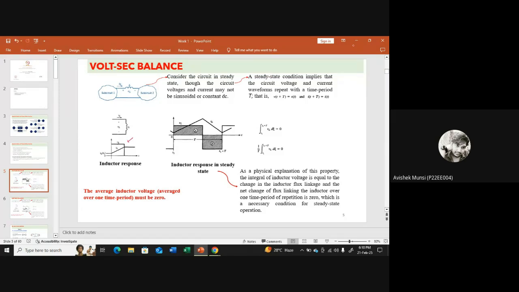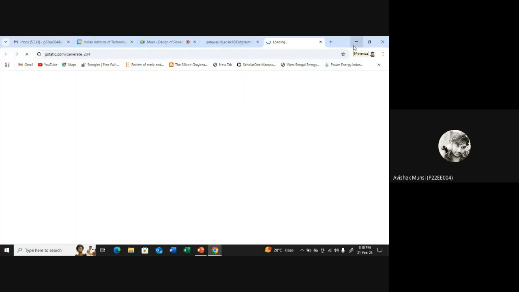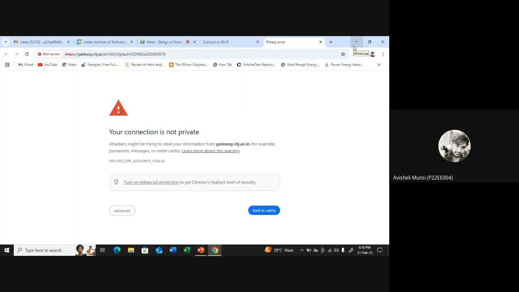Volt-second balance defines that the average inductor voltage will be zero. At any case, the average inductor voltage remains zero. So we apply volt-second balance for any converter analysis.